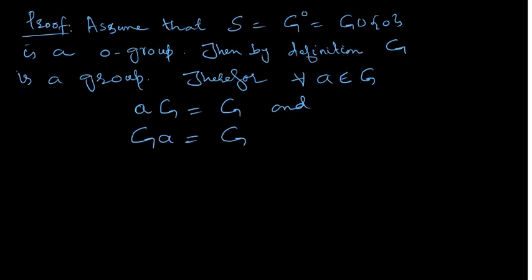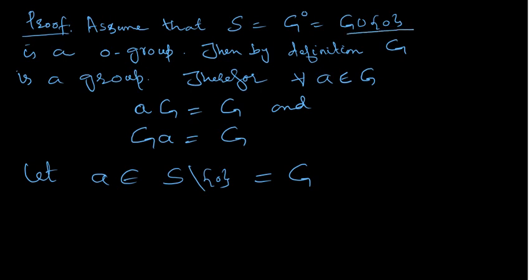So let A belong to S minus 0. Take 0 out of S. That's your G actually, because S is equal to G union 0. So when you remove 0 from S, it equals G. Then AS, what's AS? AS is equal to A times S. What's S?